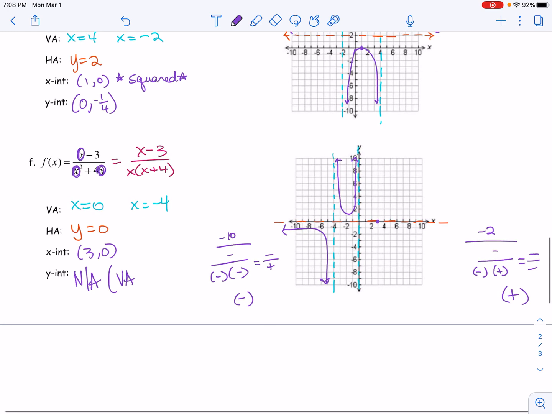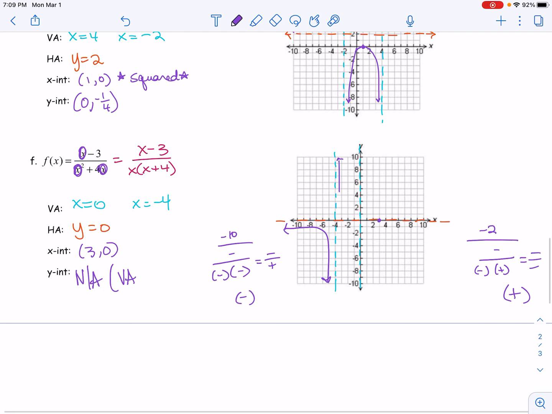Now, we don't know how far down or how high up that point is. So if you wanted it to look something like this, that's fine. If you want to go as close as you can, that's fine too. If you really want to stay close to those asymptotes and kind of do this little thing, that's fine. Just make sure that these aren't pointed corners. We're sketching here, okay?